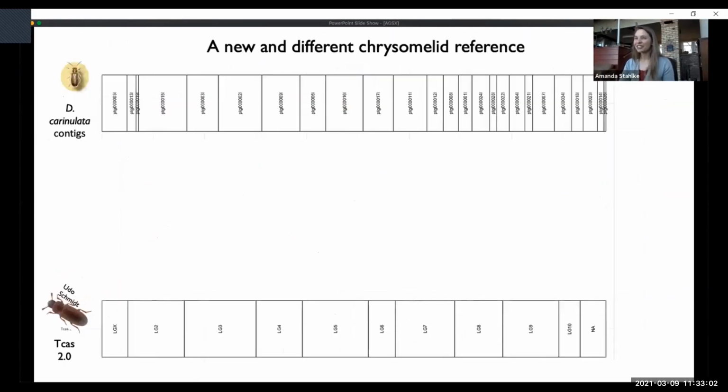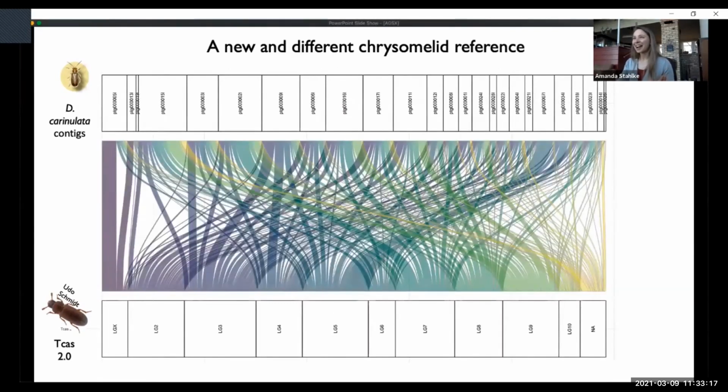I also want to show you, just for comparison, this is the TCAS 2.0 Tribolium from NCBI, nicely assembled into linkage groups. It is quite different from Diorhabda, and so what you're supposed to get from this spaghetti mess is that carinulata presents a new and different chrysomelid reference for all of us.